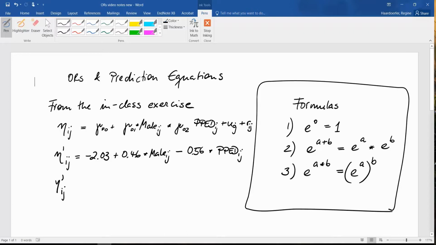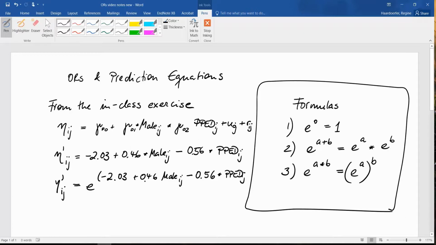On the left side, we're getting y prime ij, and on the right side, we're getting e to the power of this entire equation. So let's do it properly and write out everything.